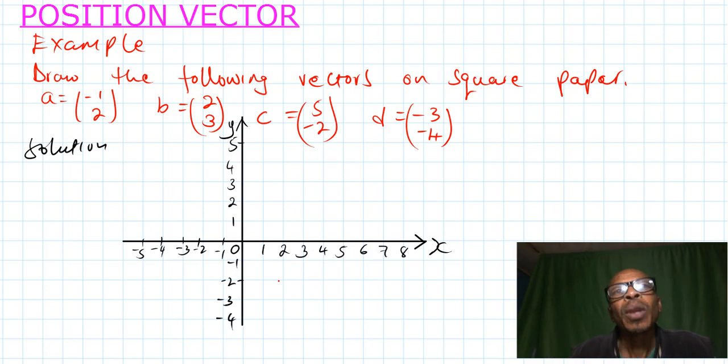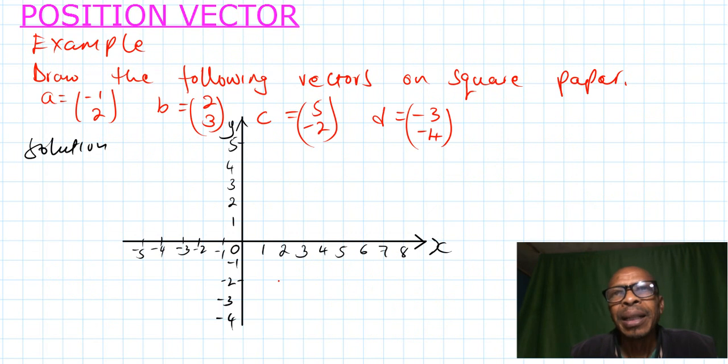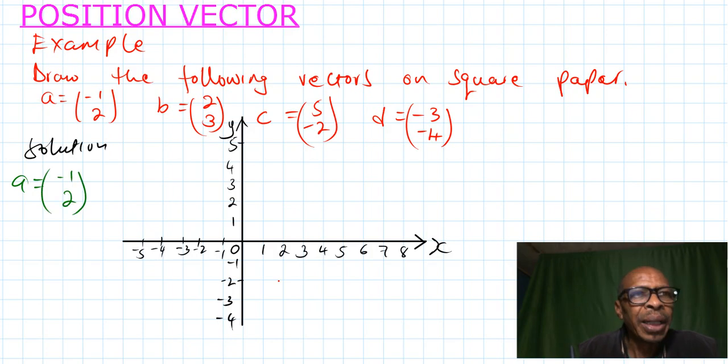Now, recall what we have just discussed, that when we are given a point, we write the position vector in vertical form. Same case applies here. Let's say A is a position vector (-1, 2), meaning the coordinates of A, we can say it's OA, it means it's (-1, 2).